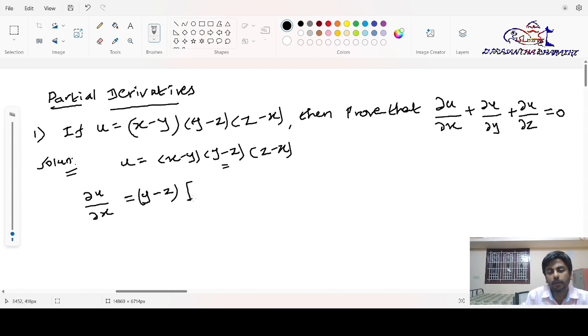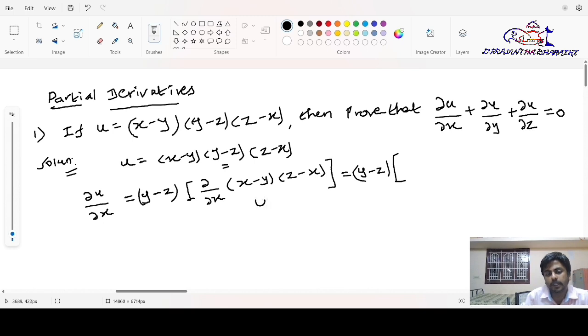Into, we will get dou by dou x of (x minus y) into (z minus x). So in this case we will get (y minus z) into (u v dash plus v u dash).